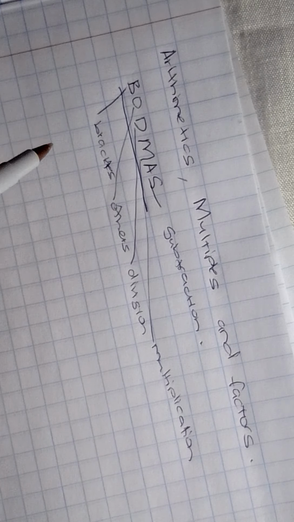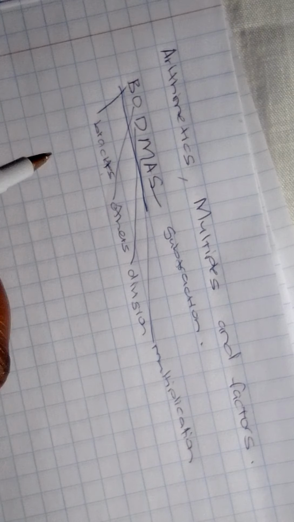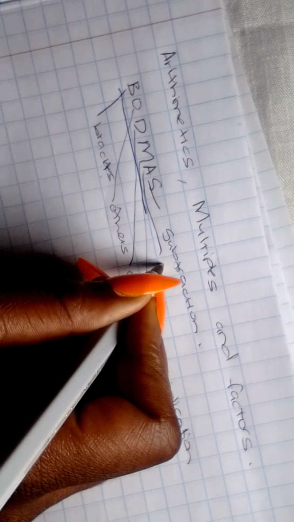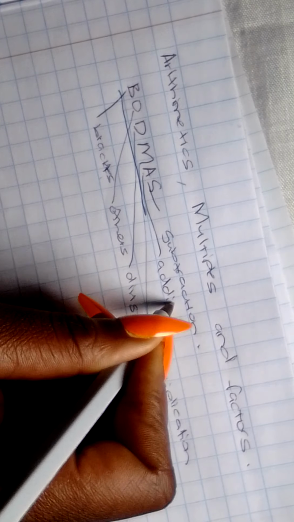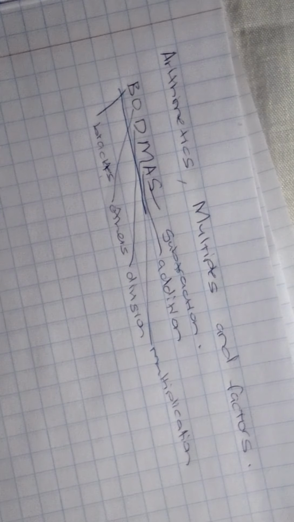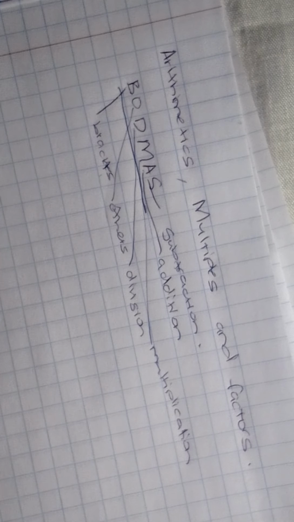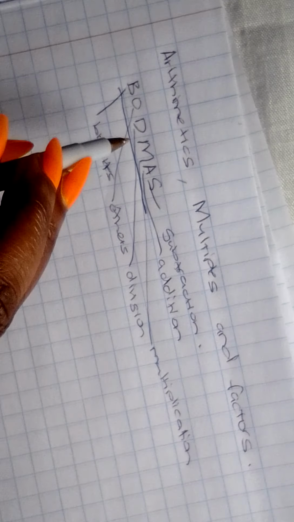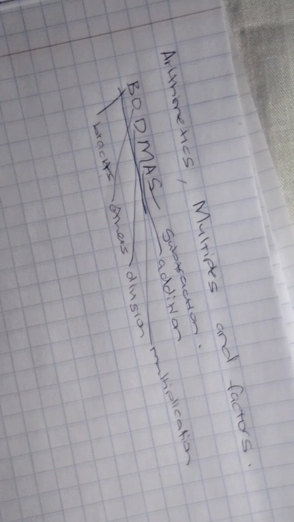BODMAS is an abbreviation whereby B stands for brackets, O for orders, D division, M multiplication, A addition, and S subtraction. It simply means we first deal with the brackets, then division, followed by multiplication, followed by addition, and lastly subtraction.